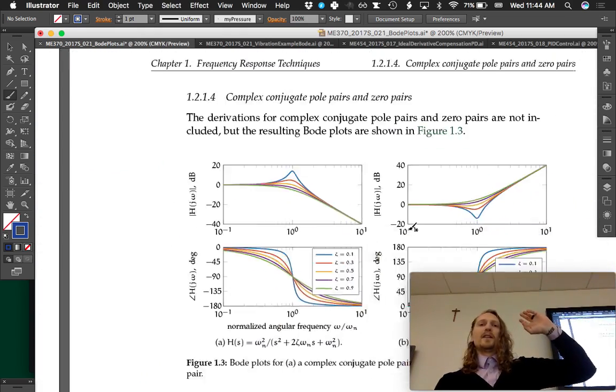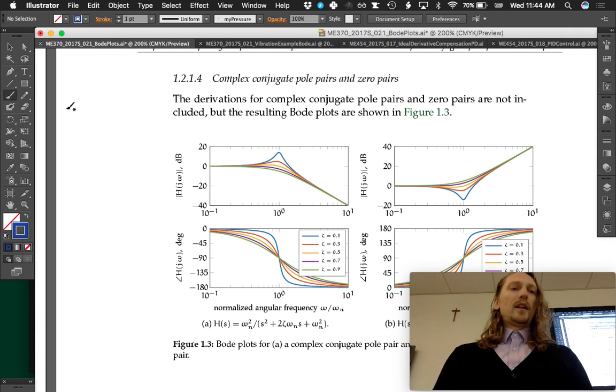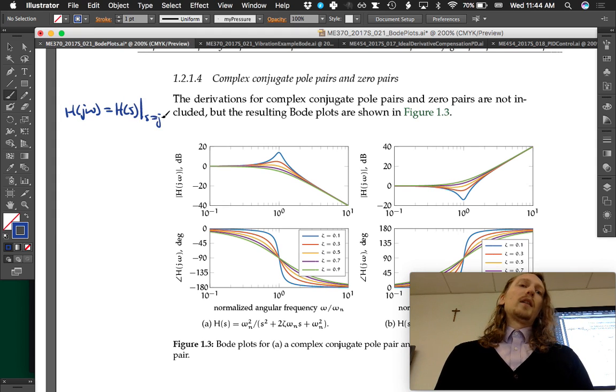They are the complex conjugate pole pairs, okay? So once again, we could go through and we could compute the frequency response function, H of j omega is just equal to H of s evaluated at s equals j omega, right?